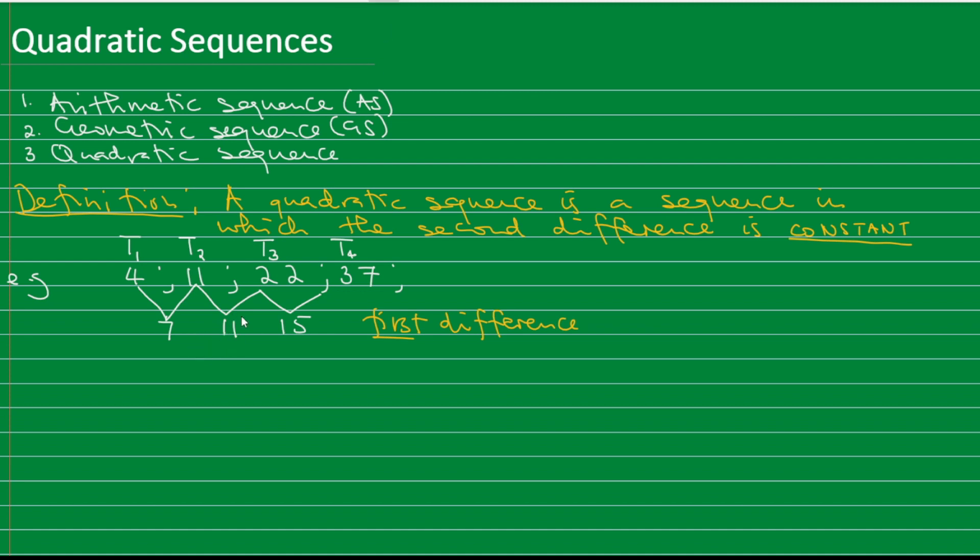We take 11 subtract 7, we get 4. 15 subtract 11, we get 4. So now we have a row of second differences. This 4, 4 is the second difference.